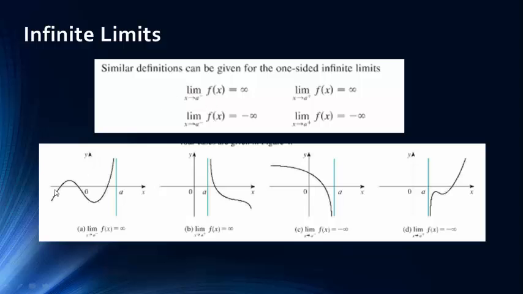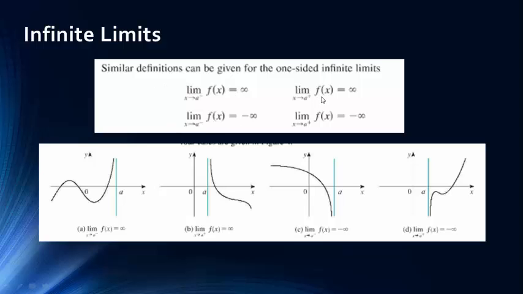So this first one is graph A, right? As we approach a from the negative direction, f of x is going to infinity. And the third one is we're approaching a from the negative direction, and f of x is going to negative infinity. So this is graph A, this is graph C.